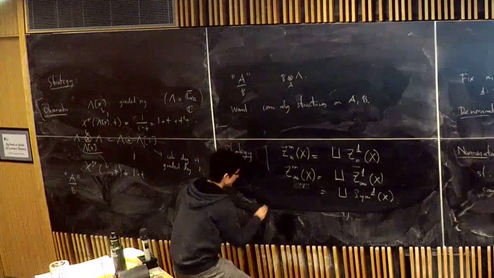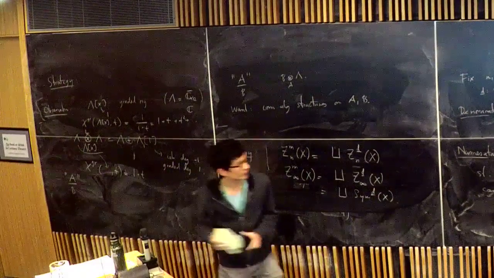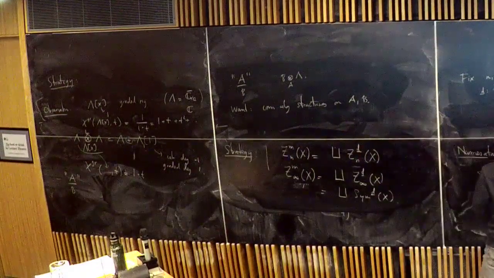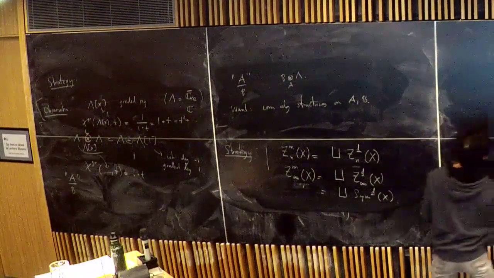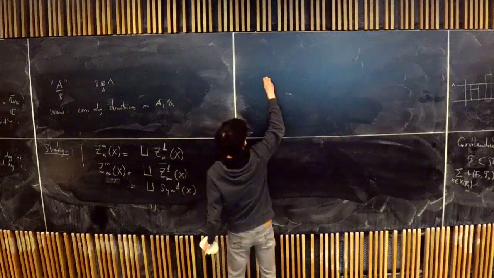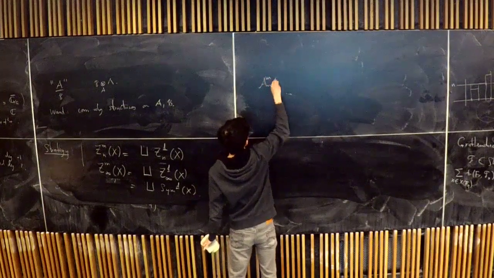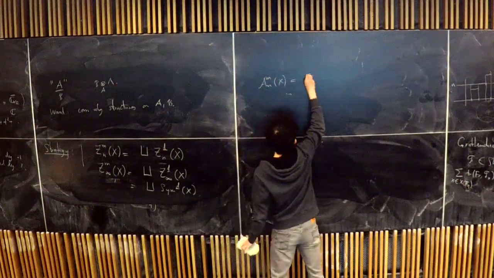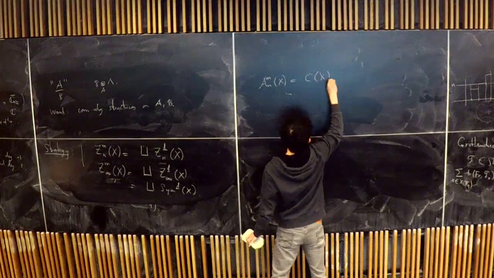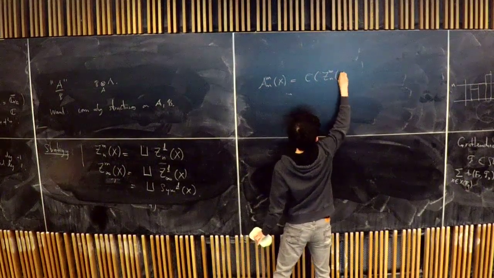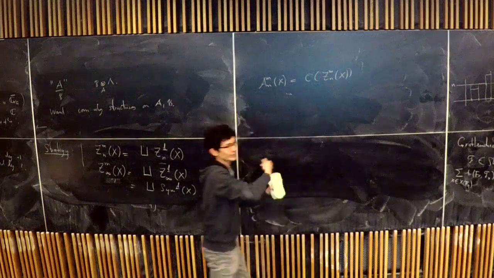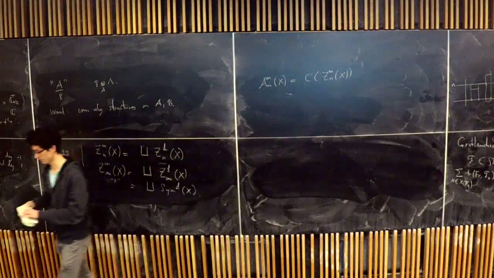That's notation for the space, and for the cohomology I will denote it by A. Let A_{M,N}(X) be the cohomology of Z_{M,N}(X). So collect all the cohomology of all these together into one big thing.